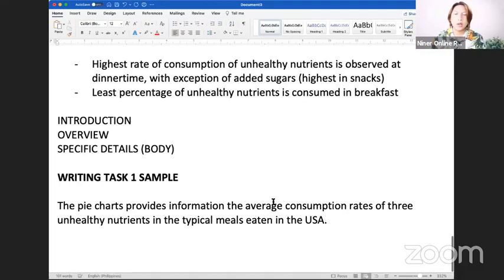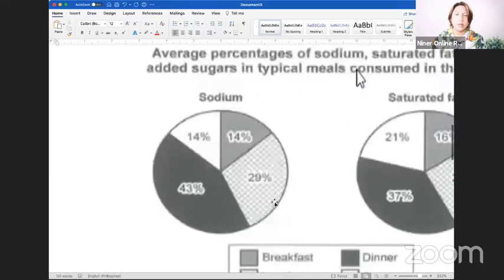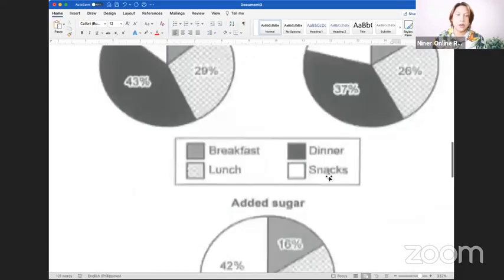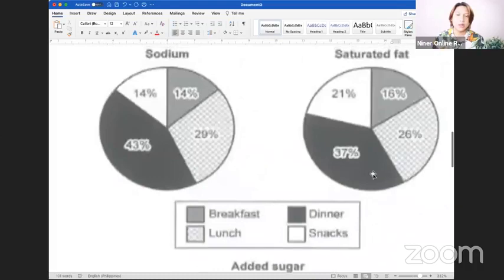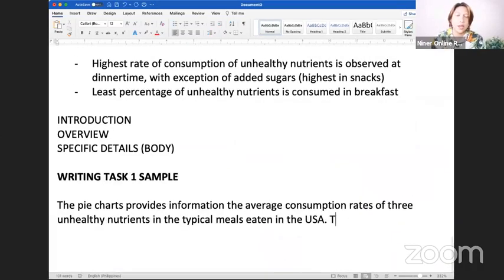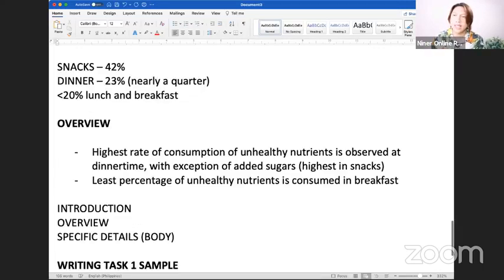We can actually also put another sentence right here. So we can actually indicate which particular nutrient. So sodium, saturated fats, and added sugar. So you can write something like the data compare the percentage of consumption of, what are the three?